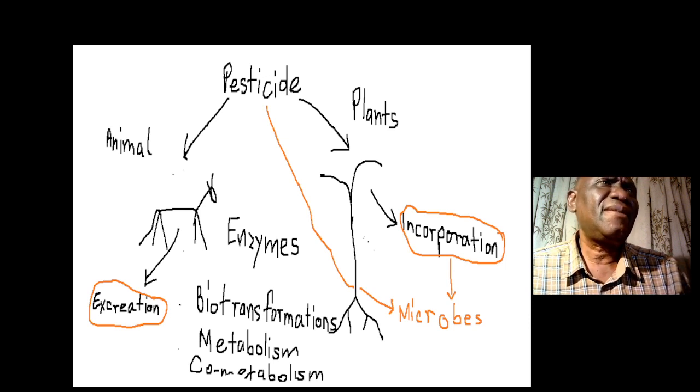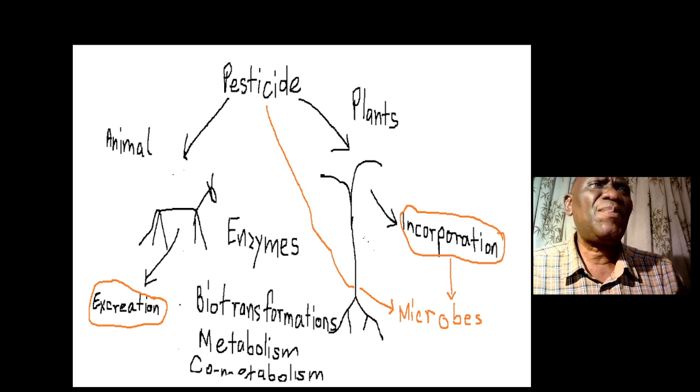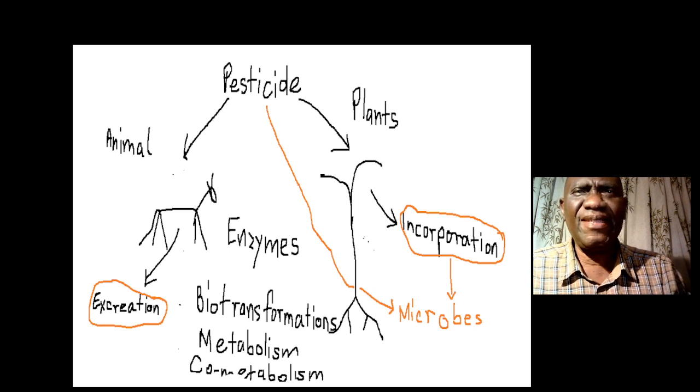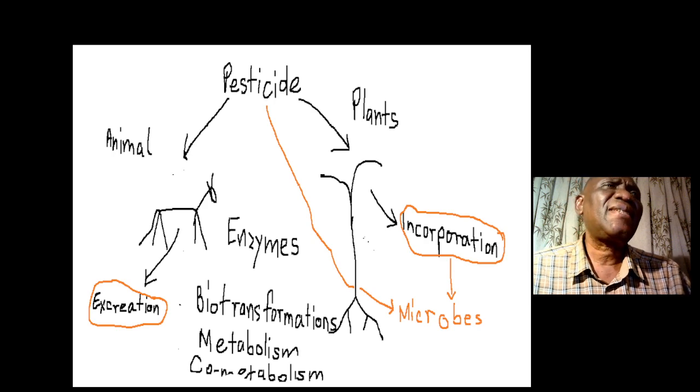In the animal, the products which are immediately formed may be lost through excretion. And these byproducts, when they reach the environment, they may meet other microbes and they are further degraded.